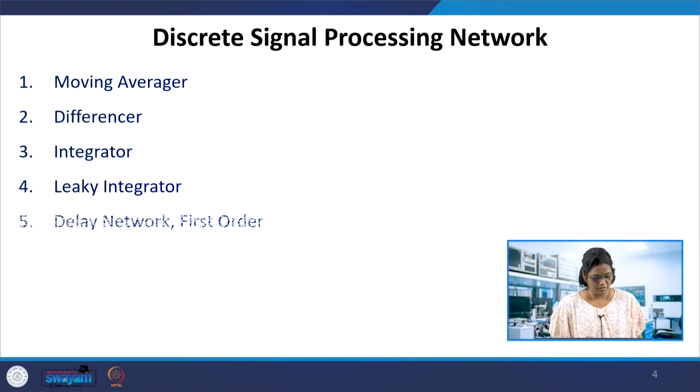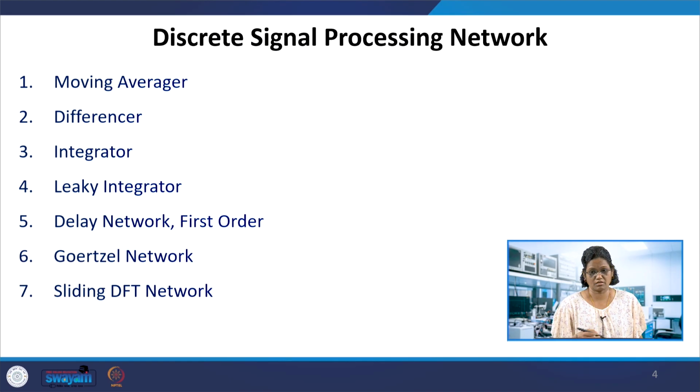And a delay network, how to introduce a delay to a signal, can be formed. Here I deal only with first order, it can be extended to second order and third order as well, depending on the application. And the sixth one is the Goertzel network, which is very useful to extract a single tone, a particular frequency.